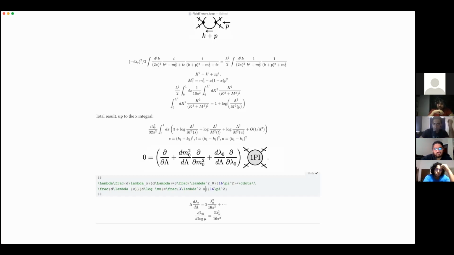If you're evaluating it at the cutoff scale, then the bare coupling satisfies the same equation as the one satisfied by the renormalized coupling at an arbitrary renormalization scale, going back to all our exercises from before. So now we have a beta function. We call this beta of lambda r. That's our RG flow equation.